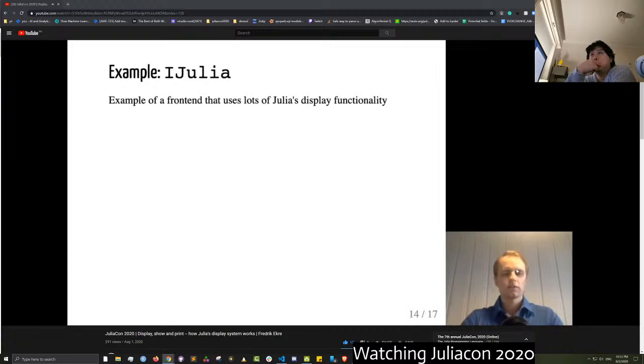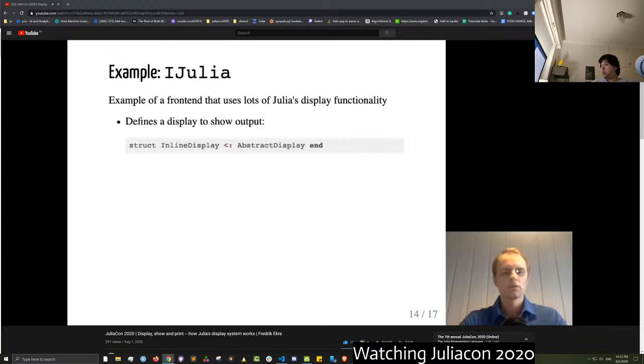So I want to take another look at how this works in IJulia. So IJulia is an example of a frontend that uses lots of Julia's display functionality. So first it defines its own display, just like the REPL, and this one is called inline display.